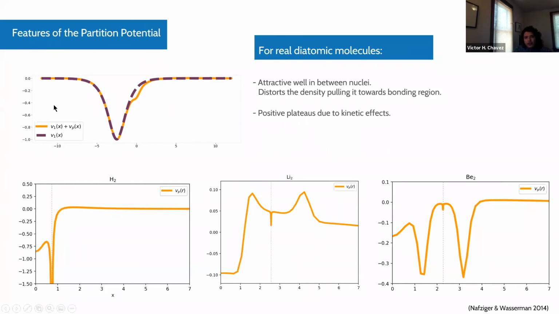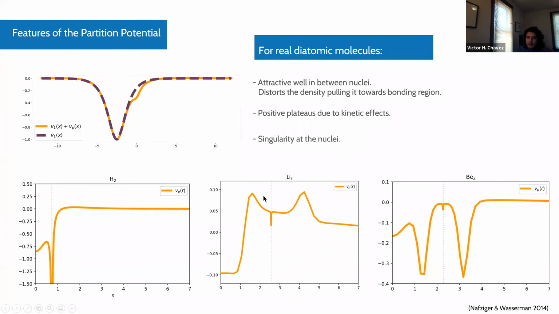Except for the H2, we can see that normally you have positive plateaus due to kinetic effects in these regions. And we've seen, at least with these examples, that the partition potential is mainly guided by the kinetic effects. So we're going to see how the decomposition of the partition energy looks, and then we're going to see that the kinetic part is the main contributor to the overall shape of this.